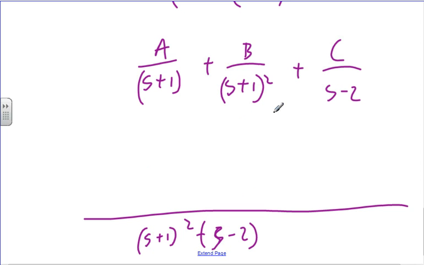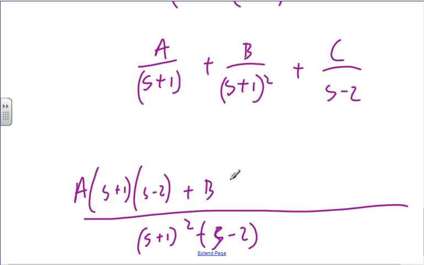And on the top I have A times s plus 1 times s minus 2 plus B times s minus 2 plus C times s plus 1 squared.